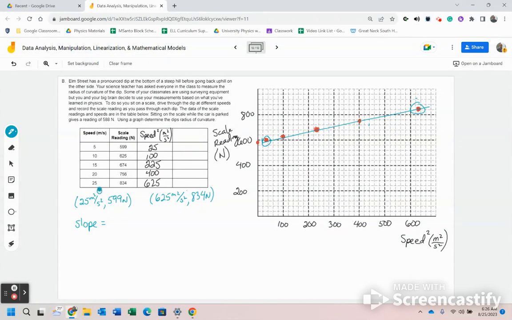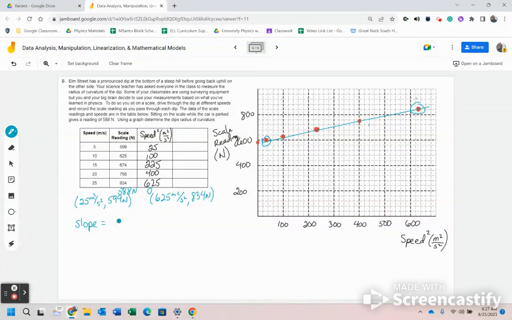I also included on here 0 and 588 newtons, and 0 meters squared over second squared on the graph. When we plot that, we see that it is a straight line. So now we can write an equation for the slope of the line, and we can use that expression to help us determine the radius of curvature.